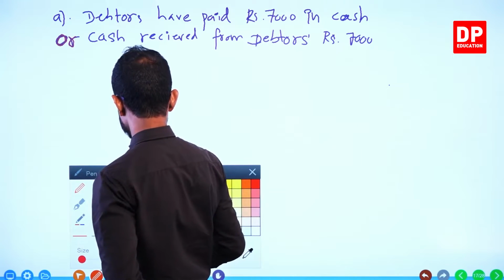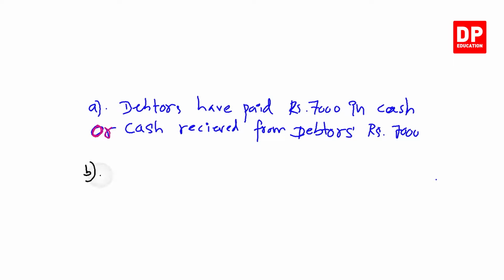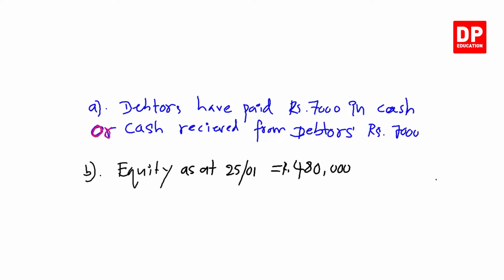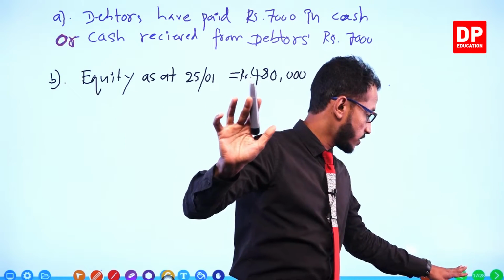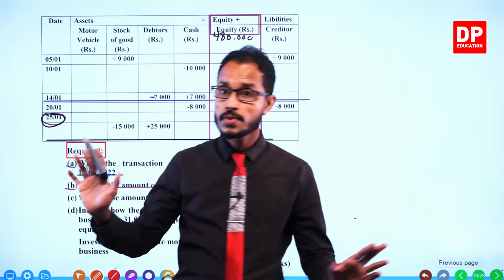B. Equity as at 25th January is 480,000. Don't forget rupees. All right. It's that simple. Okay. Then C.